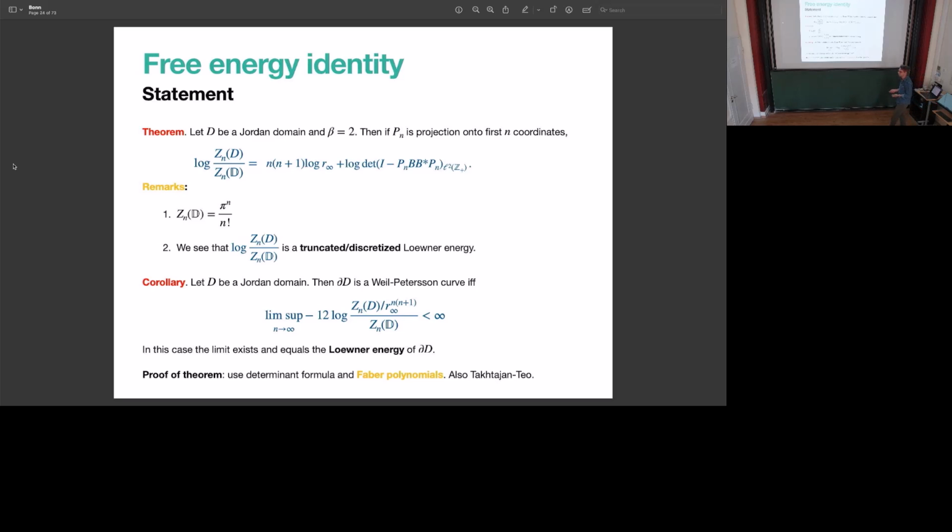Instead, what we are using is something called the Faber polynomials, which are not orthogonal, but behave a bit like orthogonal polynomials, and they also play very well with the Grunsky operator. So there are some kind of identities. And actually, the required computations, although done in a very different context, are basically contained in the work of Takhtajan and Teo, although they have a very different perspective.